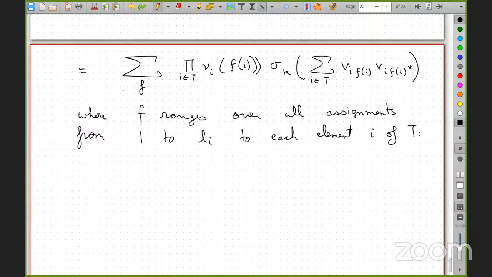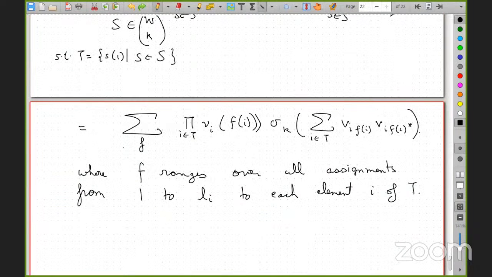So this is the coefficient, and this now starts almost looking like the thing, right? This thing is exactly the probability of choosing the vector v_i on the ith coordinate.